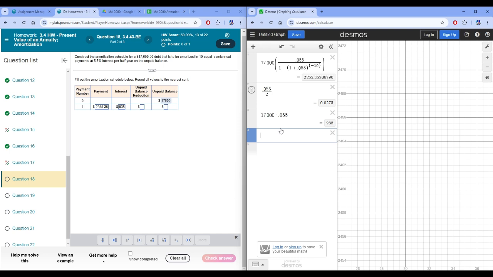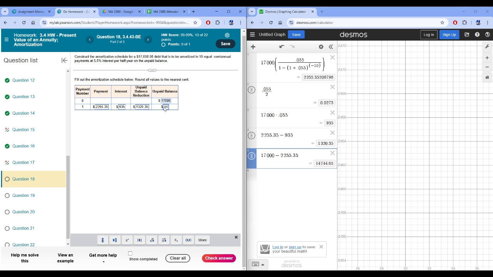Oh, that's just gonna be that minus that. 2255.35 minus 935 is 1320.35. And then 17,123 minus the 2255.35 is $14,744.65.